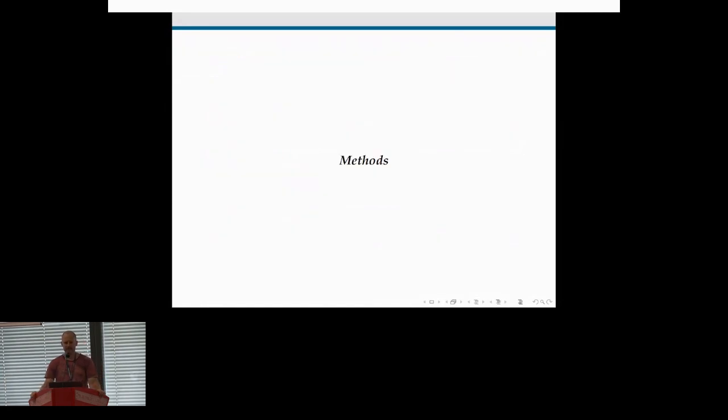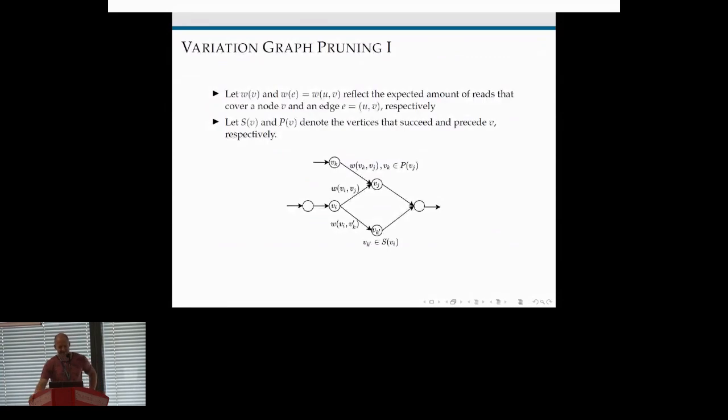Okay, now let's become serious. This is a snapshot of the graph, and we now introduce a couple of quantities. The nodes reflect patches of sequence, and we have an edge connecting these patches of sequence if you saw the two patches of sequence appearing in the reads.